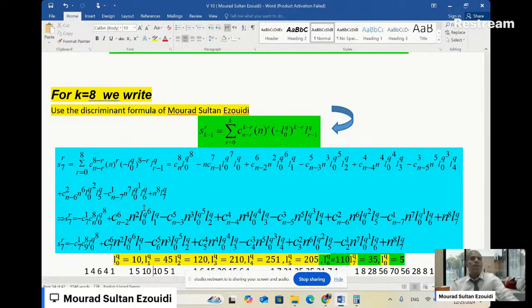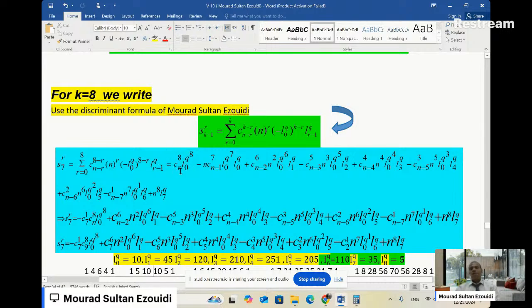So S7 is equal, my kids, to the sum from 0 to 8, combination n minus r choose 8 minus r, n raised to the power r times q raised to the power 8 minus r times n subscript r minus 1 for q.